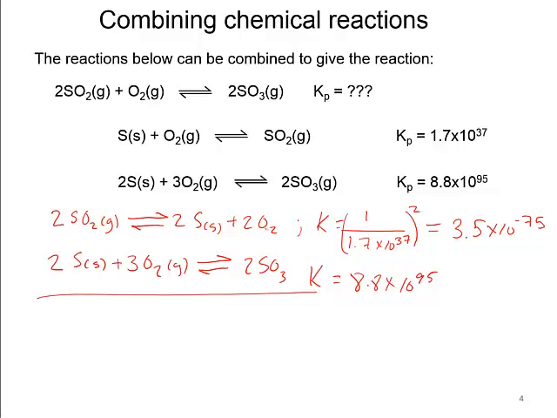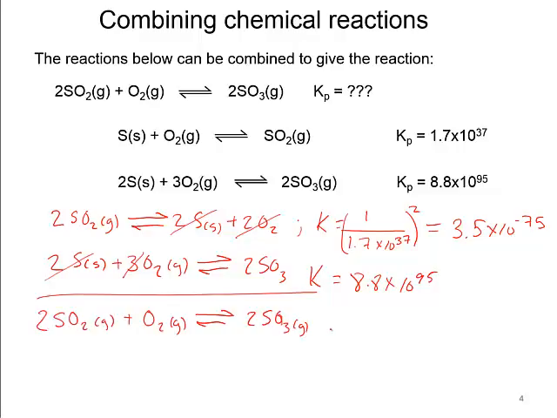In this case, O2 appears as a product and 3 O2 appear as a reactant, so I can cancel 2 of those, and 2 sulfurs as products and 2 sulfurs as reactants, and we're left with the desired reaction.